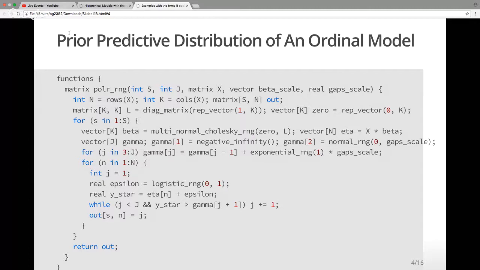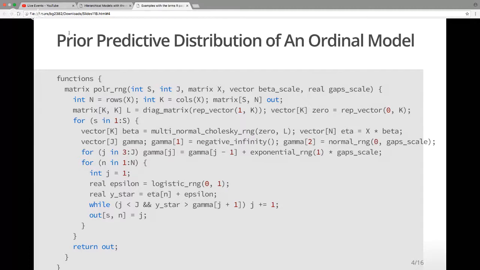We now need to construct gamma, which is the vector of cut points. I said previously we're going to estimate J minus 1 of those, because we set the first value to be negative infinity. Then I'm going to set the second value equal to a draw from a normal distribution, expectation 0, standard deviation passed in from the outside.